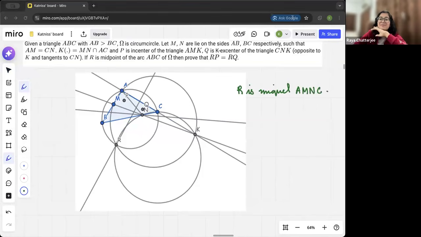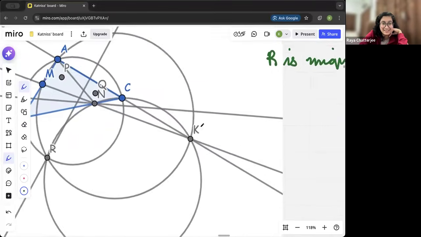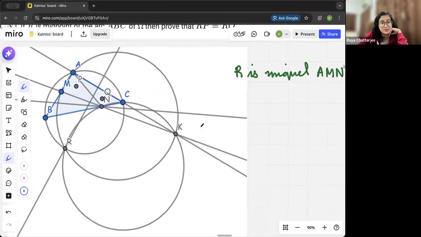One second. Okay, but it is. Just take a minute to think about it. So just take the center of the spiral similarity.